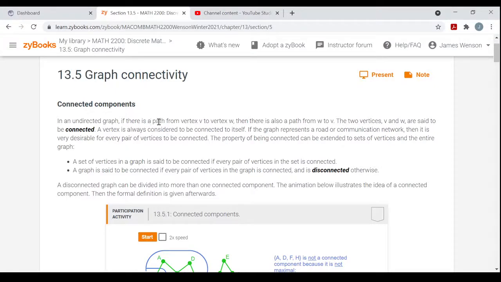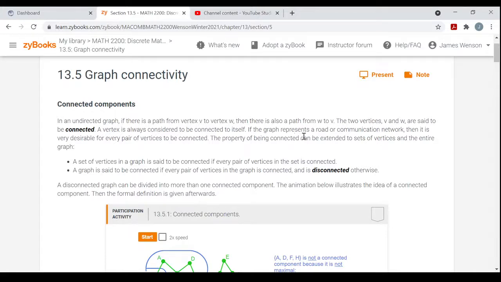So if there is a path from vertex V to vertex W, well then there's also a path the other way around. You just go back. So then they say that the two vertices, V and W, are connected if there's a path between them. A vertex is always considered to be connected to itself.